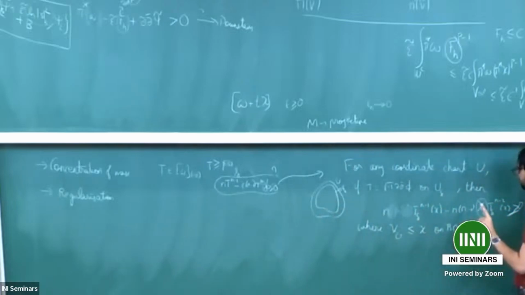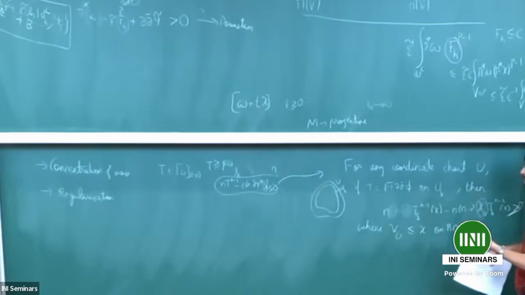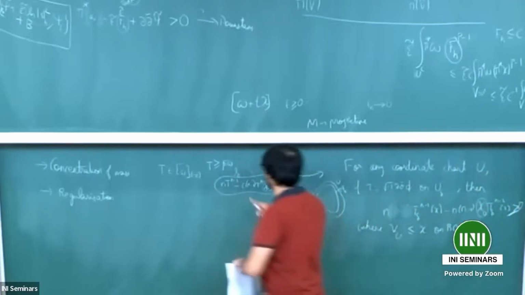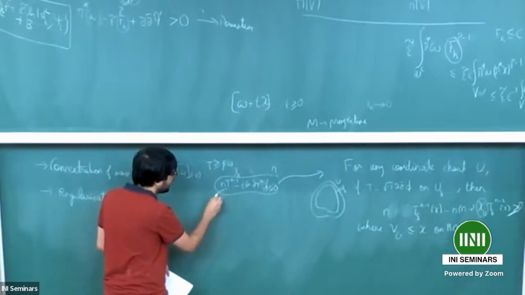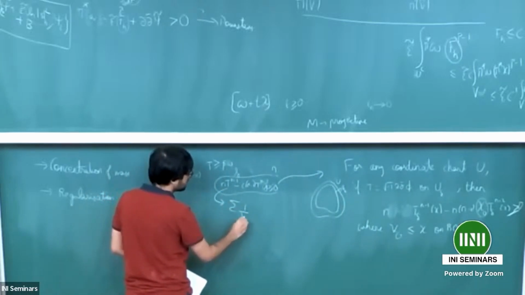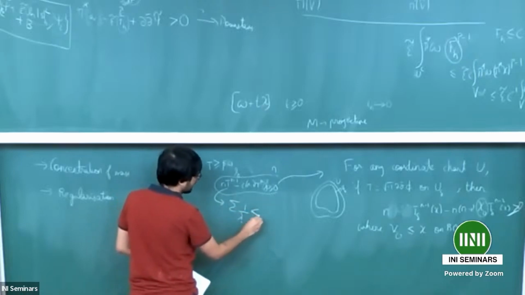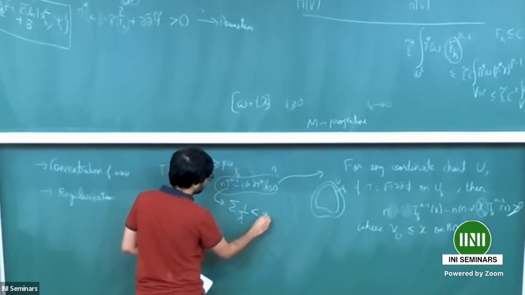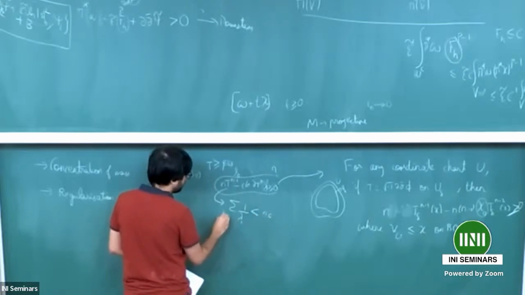Second point, if this is true, why is the convolution of this true? Notice if you take the product of two things, the convolution will behave horribly. But herein lies a beautiful property of the J equation. This is equivalent to saying that this is less than NC or N minus 1C for all.